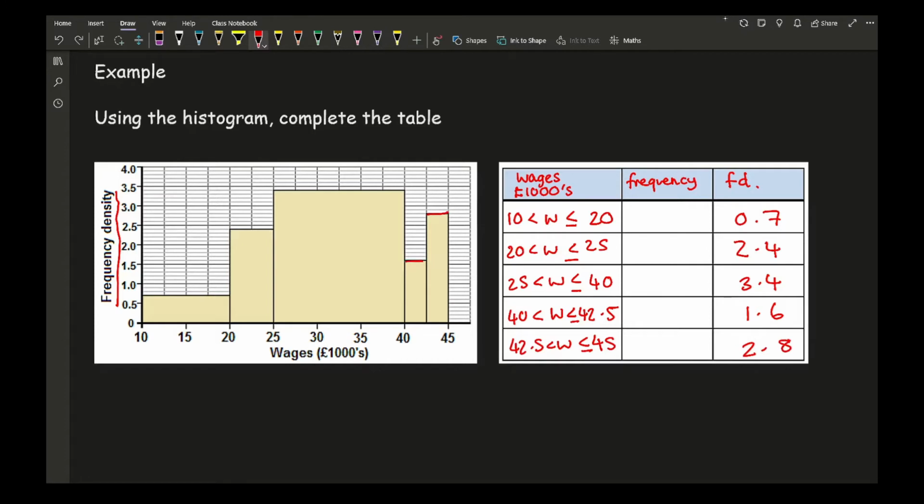Now, in terms of working out the frequency, what we need to do is work out the area of each bar. Let me make a quick note of this. The main property of a histogram is that the area of the bar is how many there are in that particular category, or the frequency of that category. So the frequency equals the area of the bar.